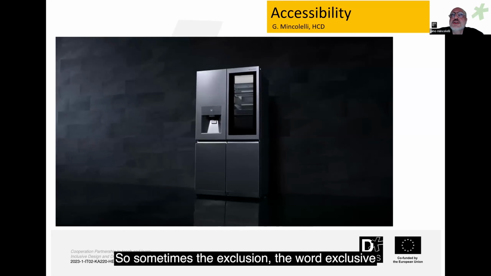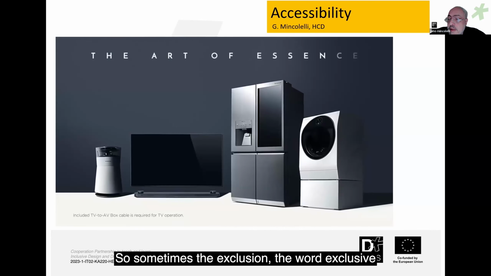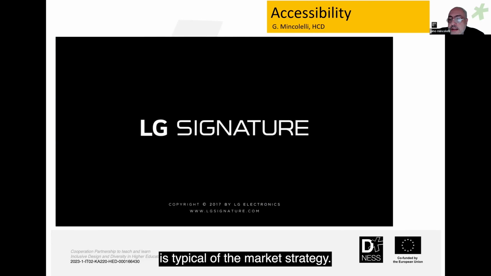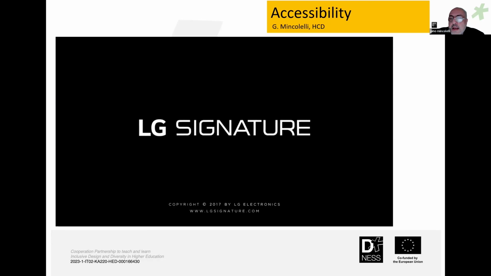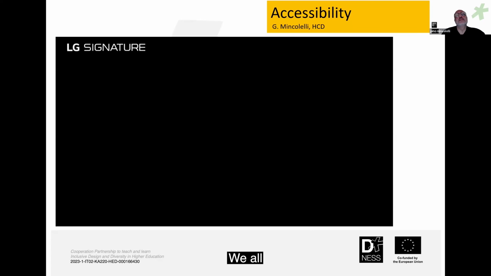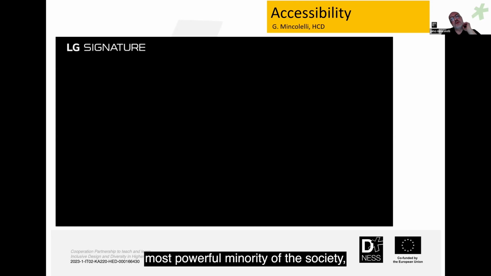Sometimes exclusion, the word exclusive, is typical of the market strategy. We all wish to belong to the most powerful minority of the society. And products may become a symbol of these belongings.